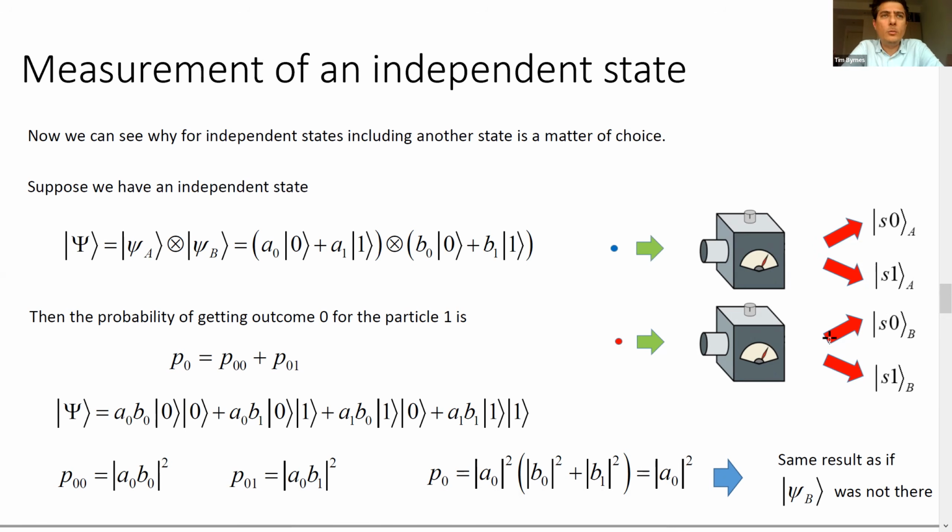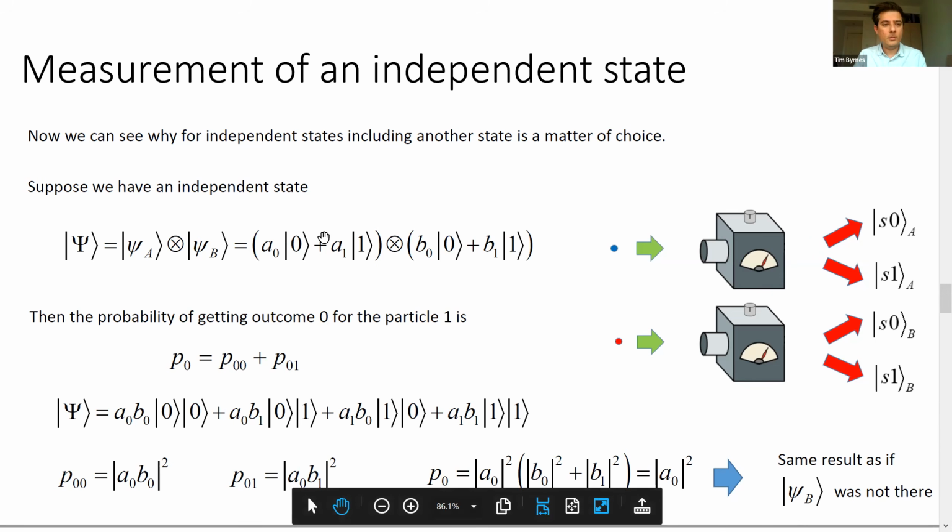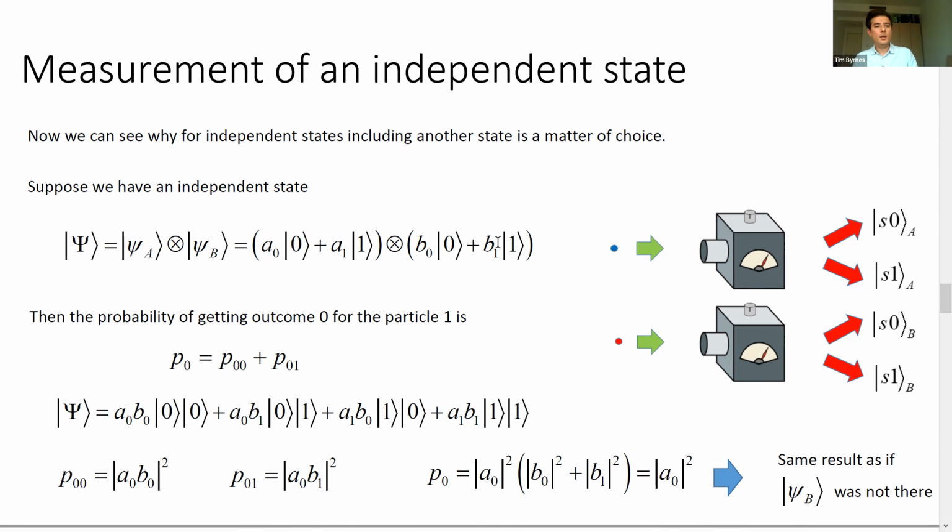So, I think I told you a little bit about why, when you write down a wave function, you don't have to take into account the wave function of the entire universe, because most of the wave function would be in this kind of independent state type of wave function. So anything that's happening on Jupiter or somewhere very far away, the wave function of all that stuff is basically a tensor product of that.